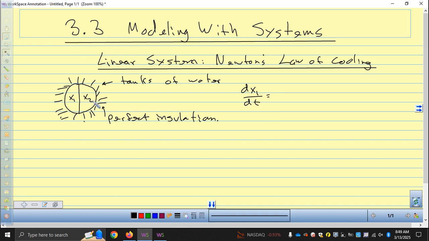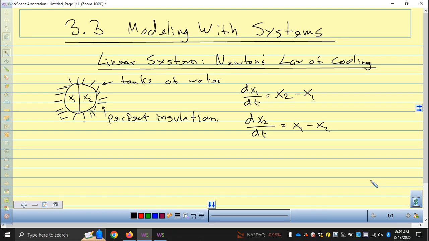If the temperature in x2 is higher than the temperature in x1, we would expect the temperature to increase. So I'm going to say x2 minus x1. So if x2 is higher, we expect the rate of change in this tank to be positive. And then dx2/dt would be x1 minus x2.